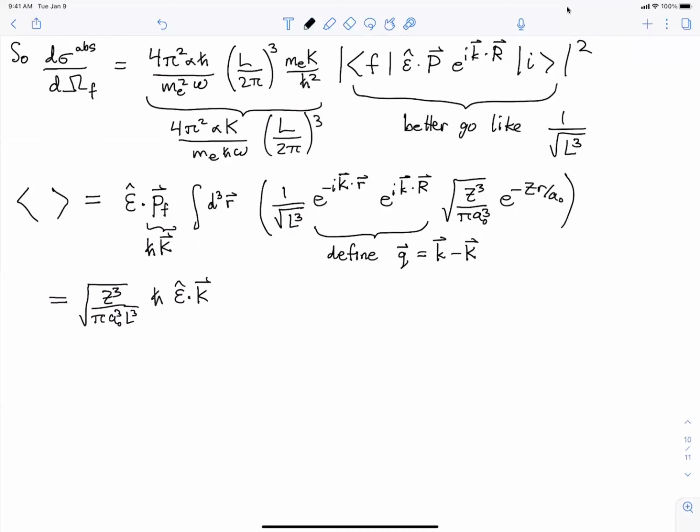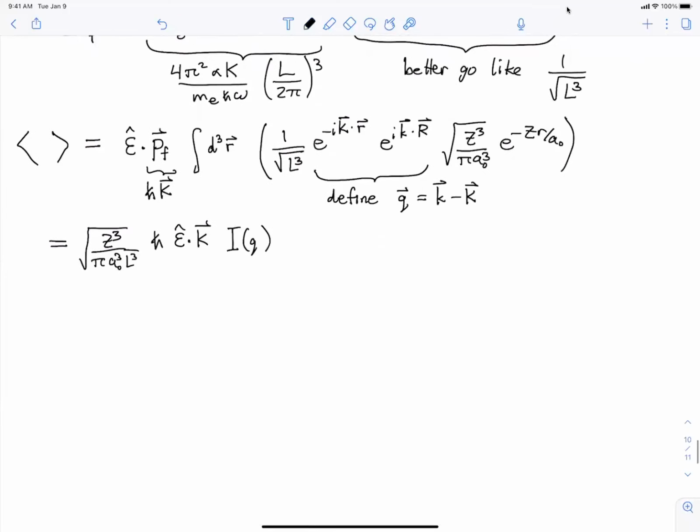And then finally, there's an integral that I'm just going to call I of q for the moment, where if you look at everything that we factored out, our I of q is equal to this integral. So as mentioned earlier, this integral doesn't actually scale with L, even though we're integrating over the whole box, because of the exponential that's killing it for large r.